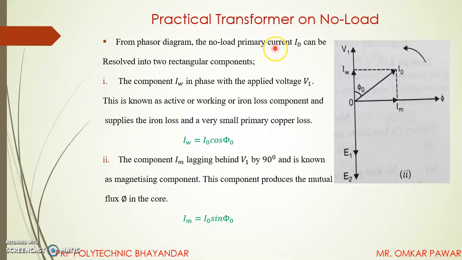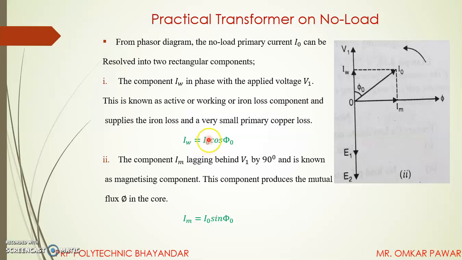That is, the no load primary current I0 can be resolved into two rectangular components. The component IW is in phase with applied voltage V1 because it is a resistive quantity which is in phase with voltage V1. This is known as the active or working or iron loss component and supplies the iron loss and a very small primary copper loss.